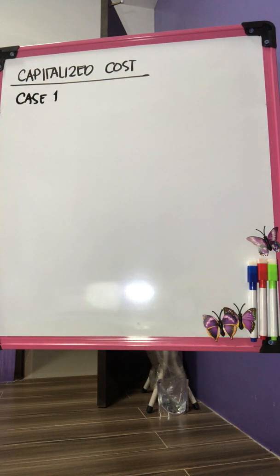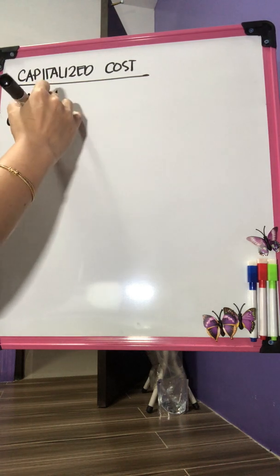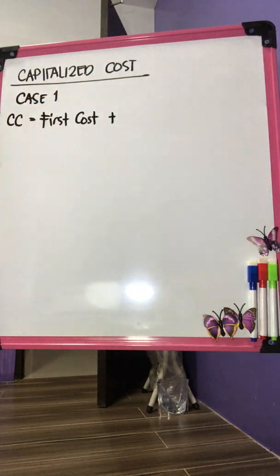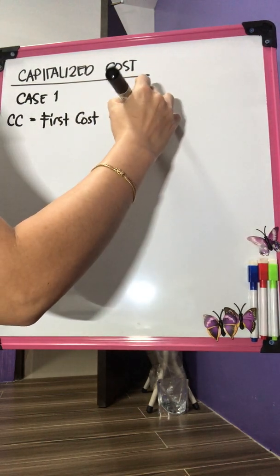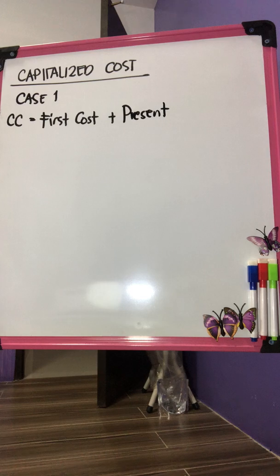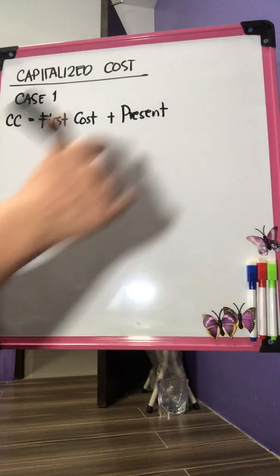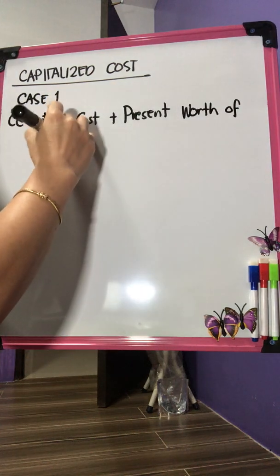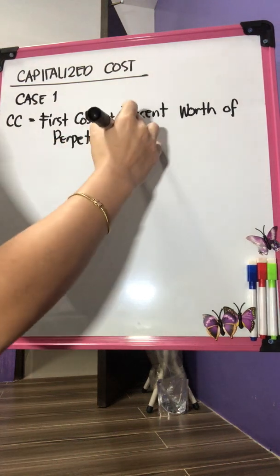With case 1, para makuha natin yung capitalized cost, so that is equal to first cost plus present worth of perpetual operation and maintenance. Dito, ito yung very good application natin ng perpetuity. Okay?